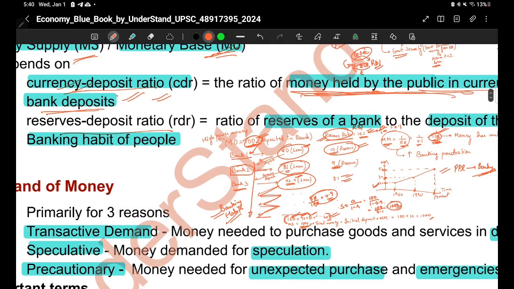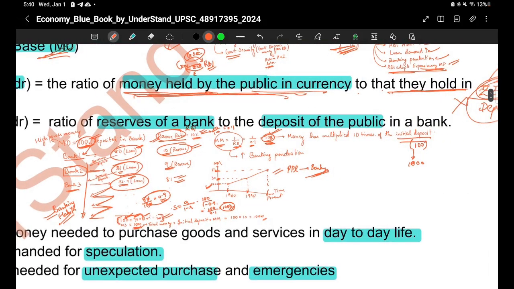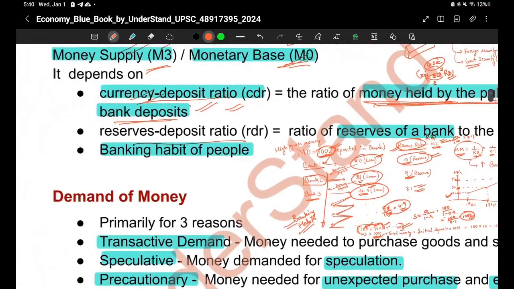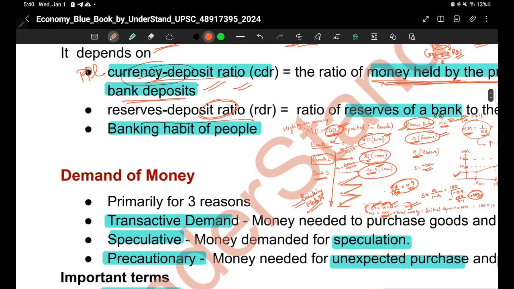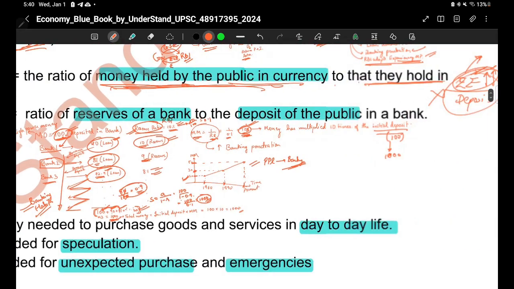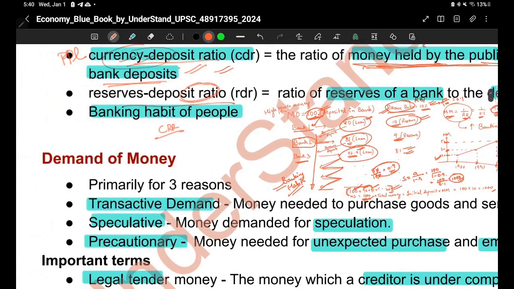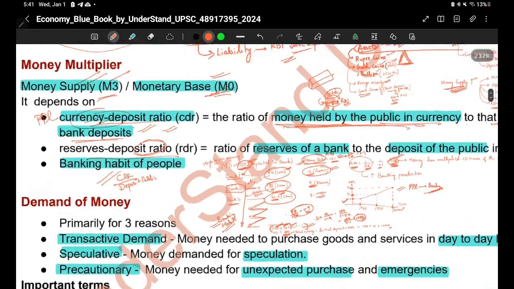Then reserve deposit ratio. It is a ratio of reserves of a bank to the deposits of the public in a bank. This is with respect to the bank's reserve, and currency deposit is with respect to people. Here it is a ratio of the reserves of the bank, let's say CRR, to whatever public deposits are there. This is RDR.